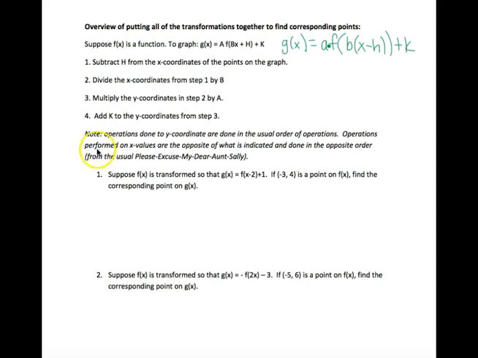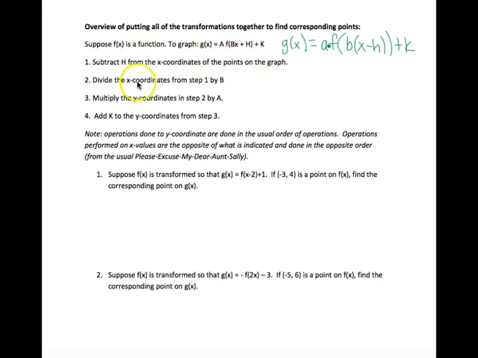And that would be that we always, when we have these transformations in this format, use this order. We start with the h and we subtract that value from the x coordinates. So if this says plus 3 right here, so plus h, I would subtract 3 from all the x coordinates.